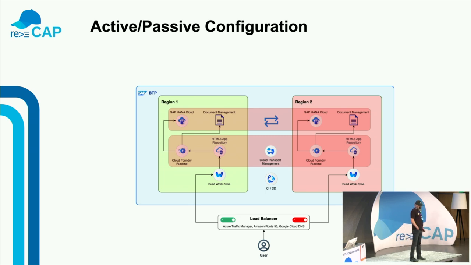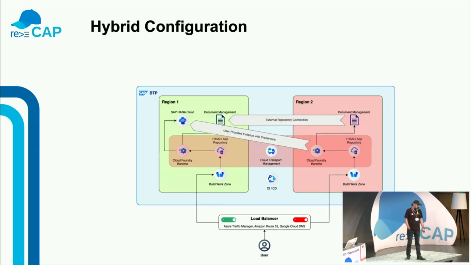So what I ended up with in the final stage is that I tried to build a kind of hybrid configuration. In this hybrid configuration, I have a main region, and all my applications, databases, and document management service repositories are installed in that region. And I have replicated Cloud Foundry runtime, HTML5 application repository, and SAP Build Workzone into the second region.